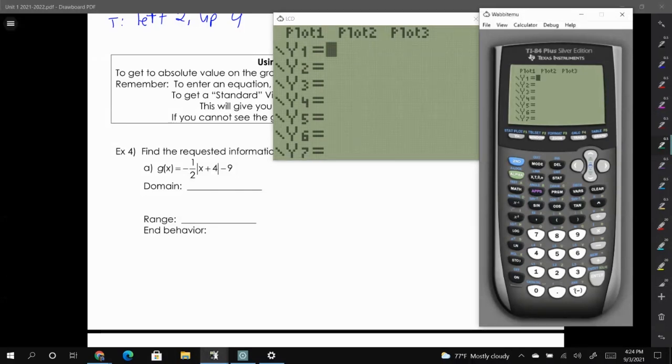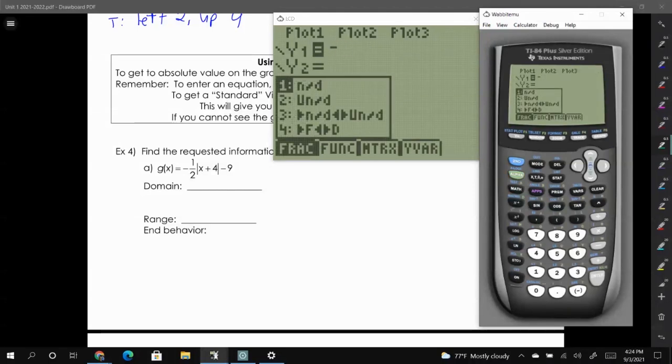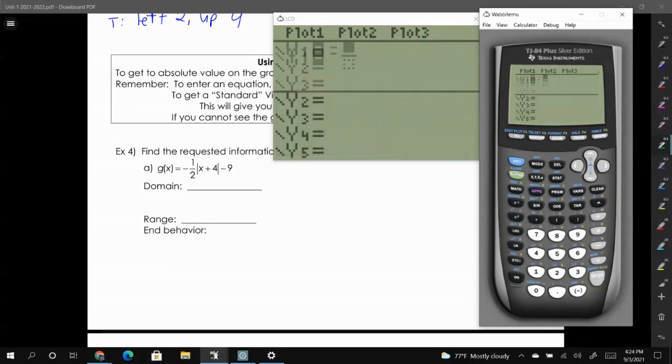Oh, negative. And then to type the 1/2, there's 2 ways. You could type just 1 divided by 2, or on most calculators, if you press alpha and Y equals, you see this N over D, numerator over denominator, so 1 over 2.